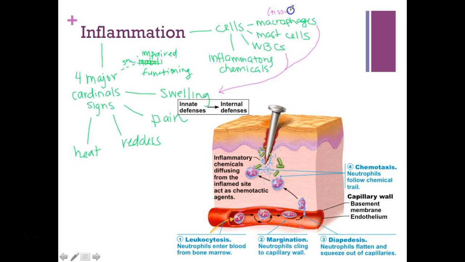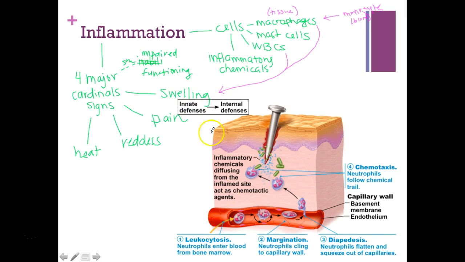But when it's in our blood, what is it? It's a monocyte. A monocyte, remember, is a type of white blood cell. I'm going to put blood here because we find monocytes in our blood. And then once it moves into the tissue, it becomes a macrophage. And macrophages, along with neutrophils, like we mentioned earlier, are going to be phagocytes. So they come and gobble up this bacteria and leave behind some debris.